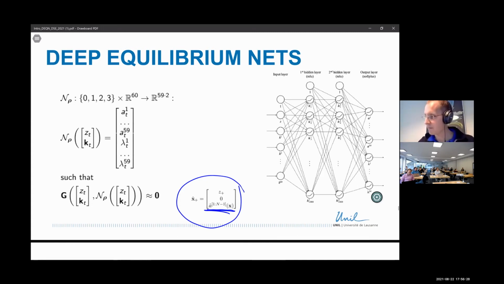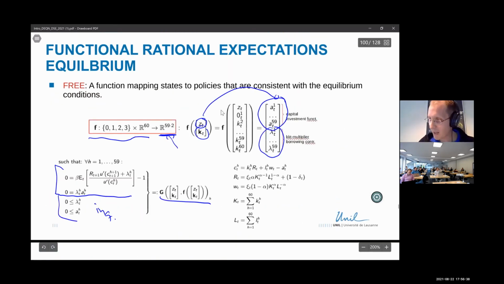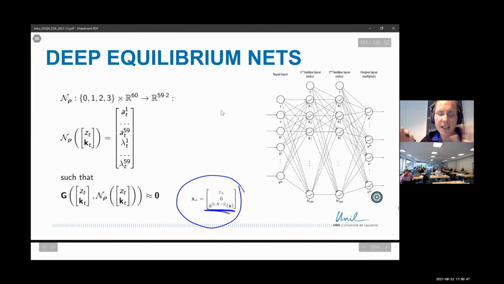We can enforce them by the neural net architecture, in particular by choosing the appropriate activation. Here we have the policies lambda and R. They need to be greater than or equal to 0. So we don't need to do any crazy stuff with the solver, we just activate those with the softplus.